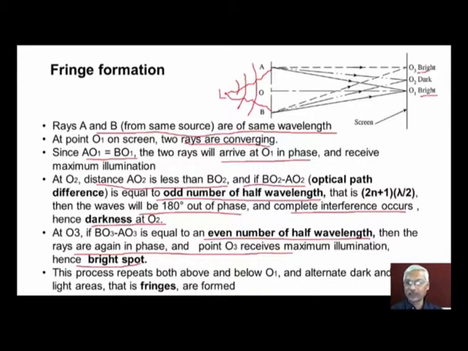So like this we get alternate bright, dark, bright, dark spots. This happens on both sides of O1. The process repeats both above and below O1, and alternate dark and bright areas, that is fringes, are formed on this screen.